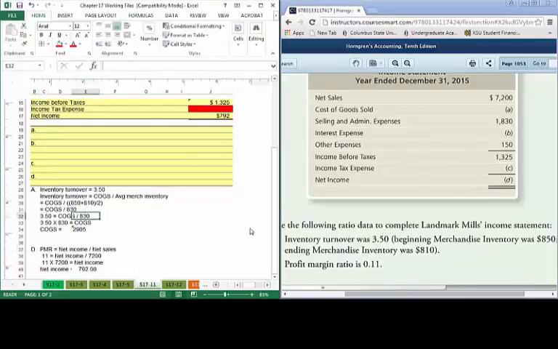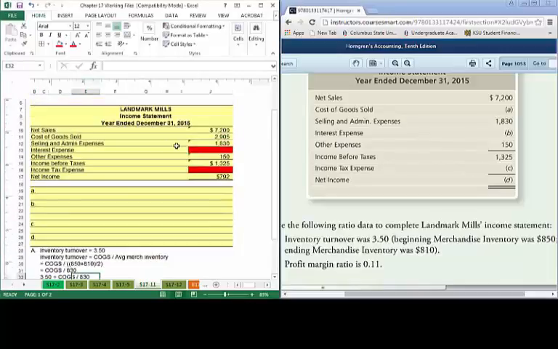All right, so now let's get to B and C. So up here, I'm trying to find interest expense, which is letter B, and I know my income before taxes is $1,325. So this is B. So I'm going to take 7,200 minus the 2,905, my cost of goods sold, minus my 1,830.